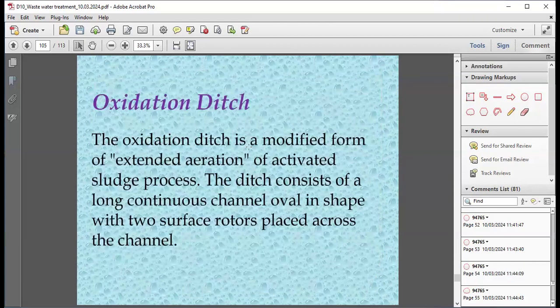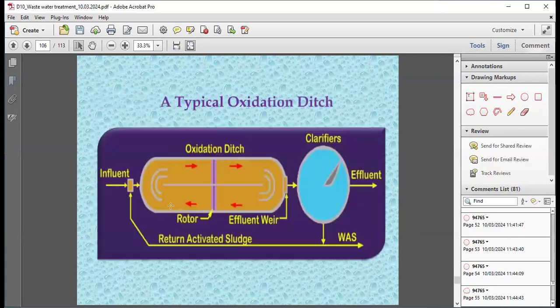Oxidation ditch. The oxidation ditch is modified from the extended aeration activated sludge process. The ditch consists of a long, continuous oval-shaped channel with two surface rotors placed across the channel, right?